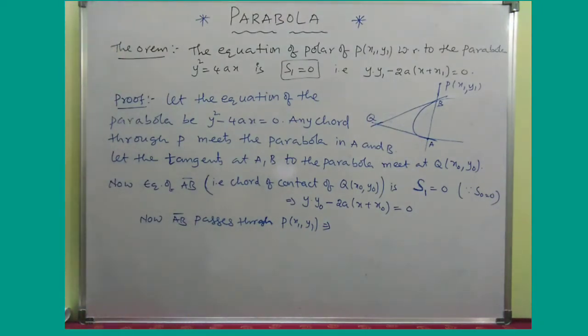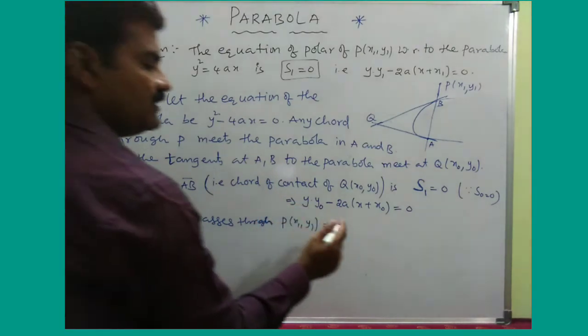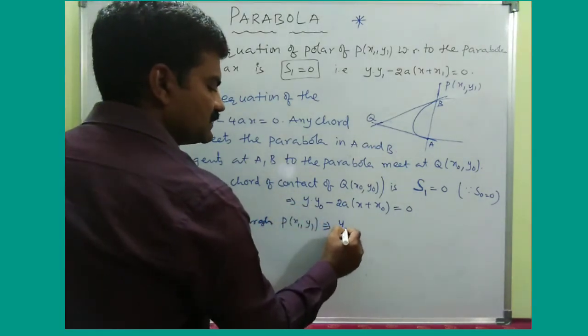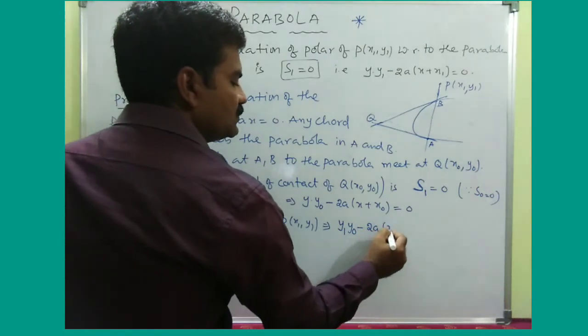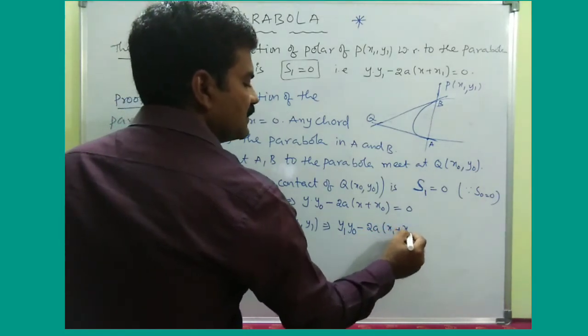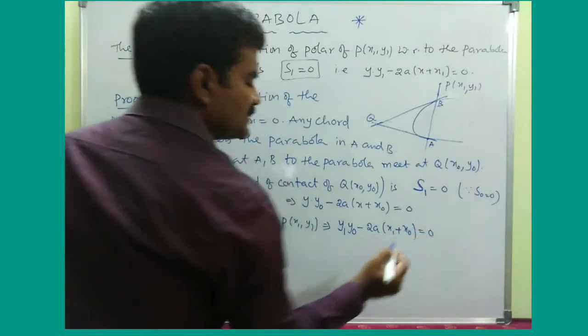So in the place of y we can replace y1, and in the place of x we can replace x1. So the above equation now becomes y1 into y0 minus 2a into x1 plus x0, which is equal to 0.